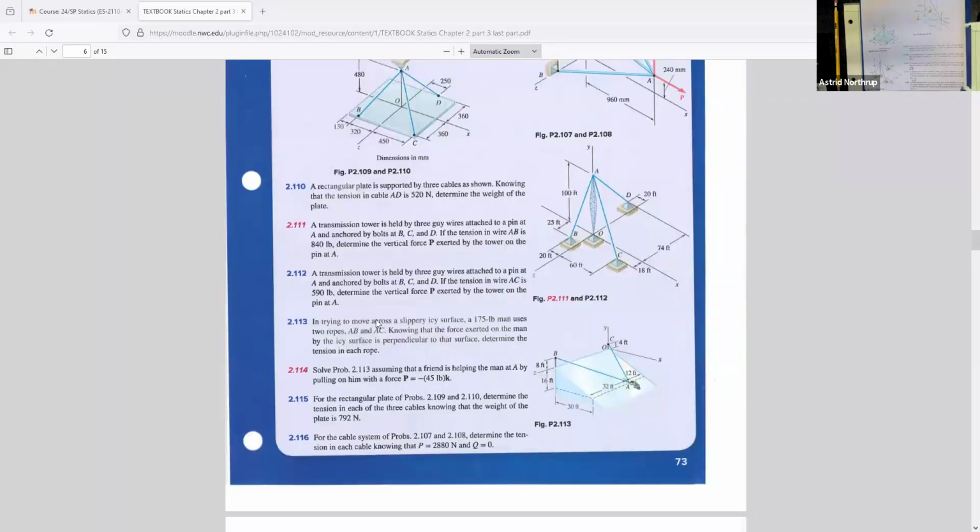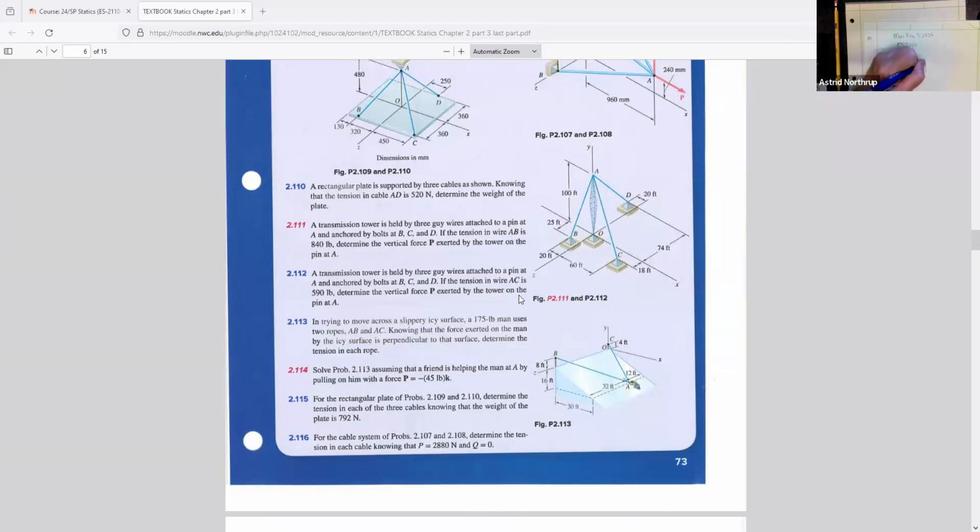All right, so here we have a transmission tower held in place by 3 guy wires attached to a pin at A, the top of the tower, and anchored at B, C, and D. If the tension in wire AC is 590 pounds, determine the vertical force P exerted by the tower on pin A. There are a couple of things that are fundamental to this analysis.